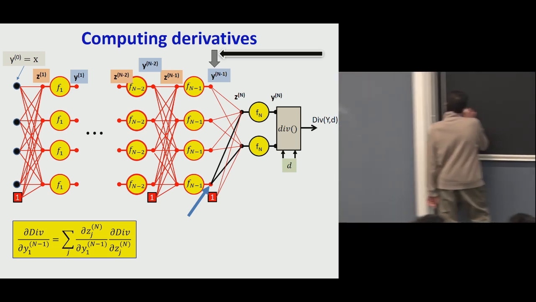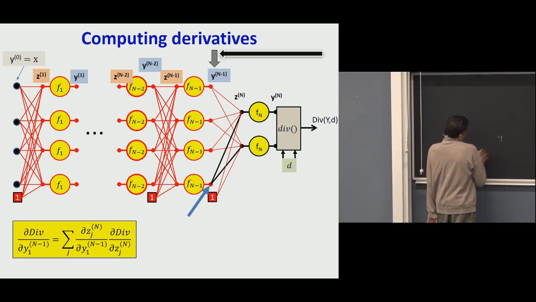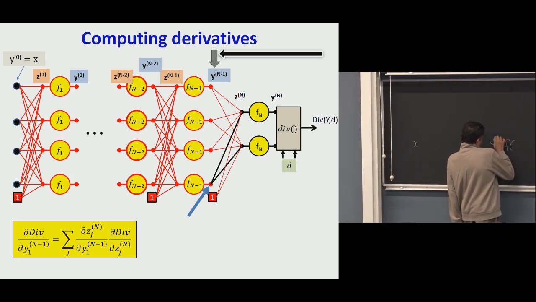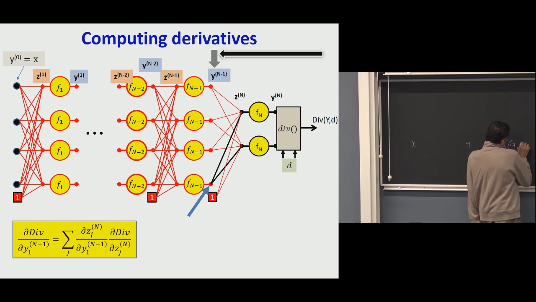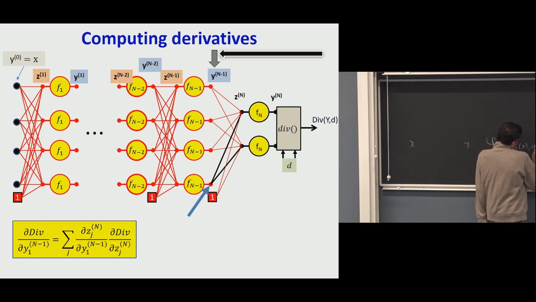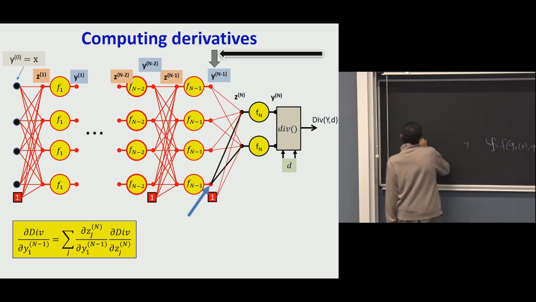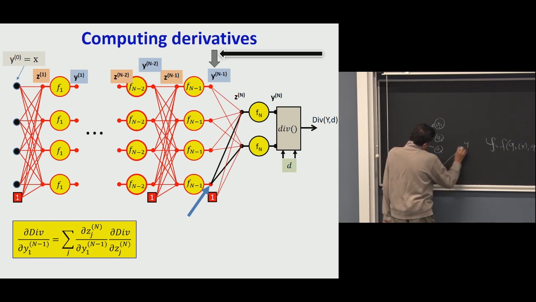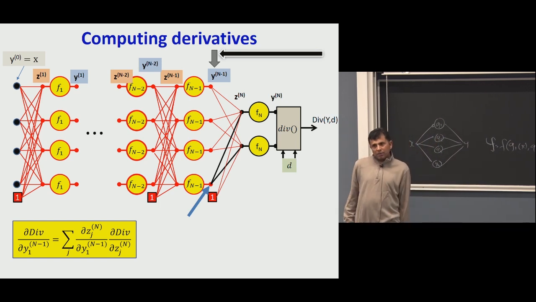If I have some x and I have some y, and y equals f of g1 of x, g2 of x, and so on, with g1, g2, g3, g4, you could draw the influence in this manner, remember?